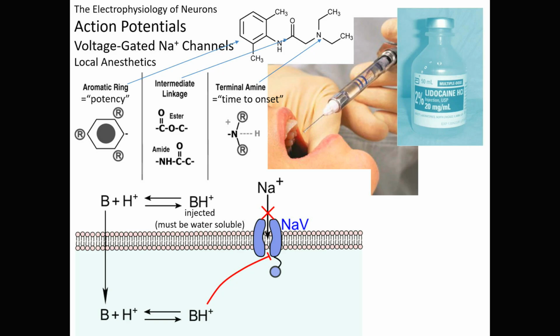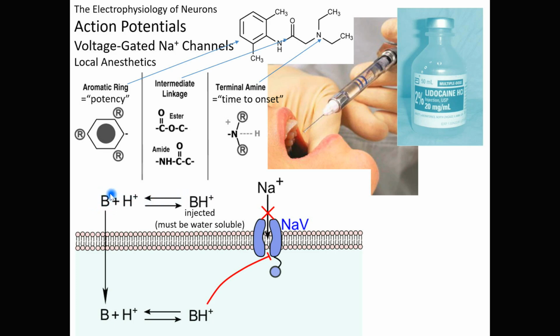And then we started going on about how these anesthetics work. I'll just recap that quickly here. So we said that we inject these local anesthetics into the body in their protonated form. So hence, I again mentioned that it was lidocaine HCl that we were injecting here from the bottle. So it's the protonated form of the anesthetic. But that form is not membrane permeable. And so what has to happen after it's been injected into the body is that local anesthetic has to deprotonate.